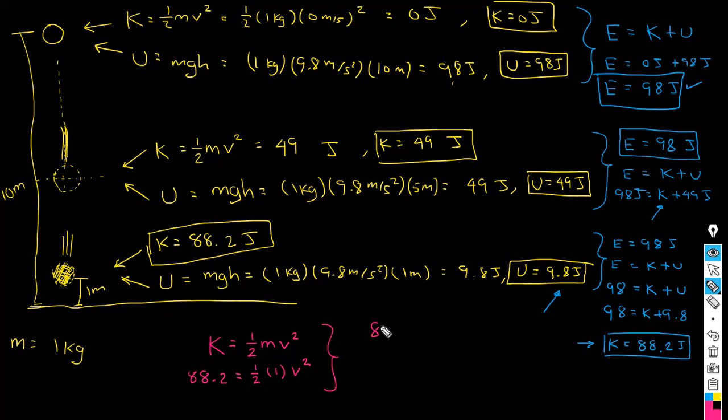This is going to come out as 88.2 equals 1/2 times 1, which is 0.5, times v squared. And then we have 88.2 over 0.5 equals v squared. Do the rest on your own and give me the answer at the end.